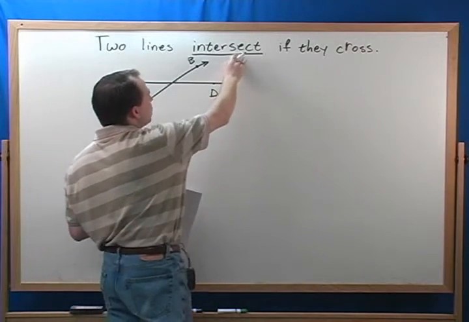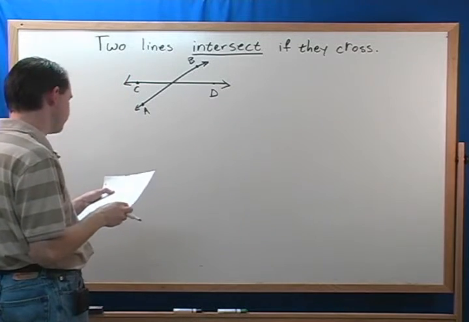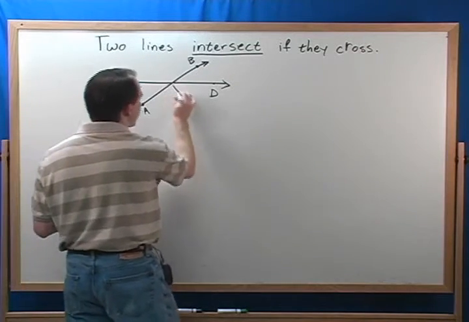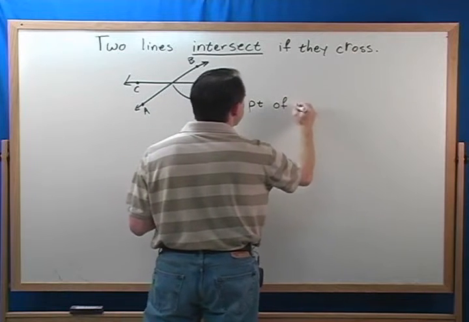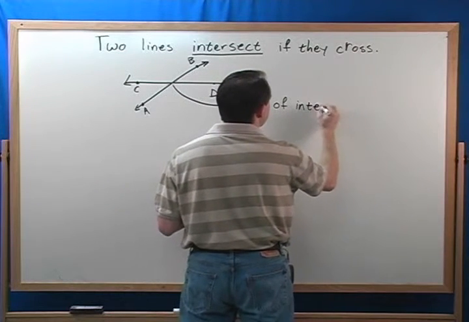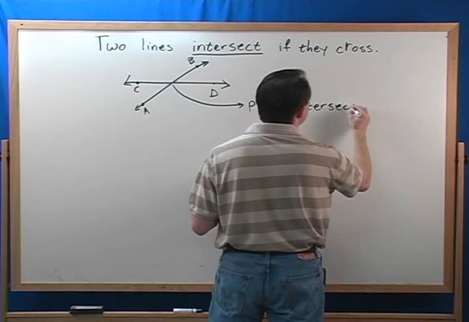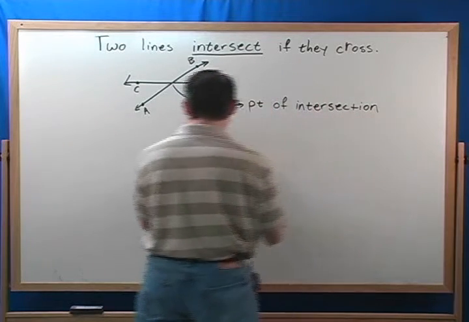We say that these two lines intersect each other. So this point right here is the point of intersection.